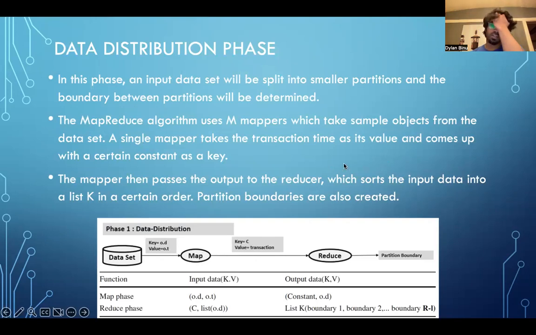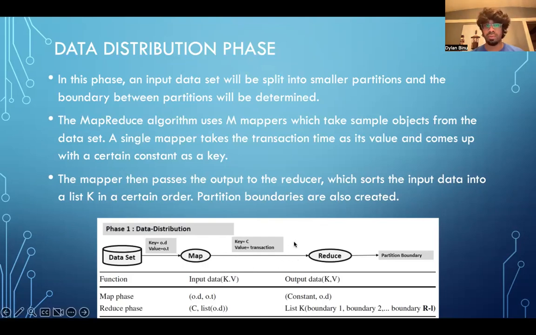You can potentially have multiple transactions with the same key value because we're no longer just talking about transaction time, which is what the input was. We're now talking about a constant that the mapper assigns to the transaction. So you can have a single constant with multiple transactions underneath it.